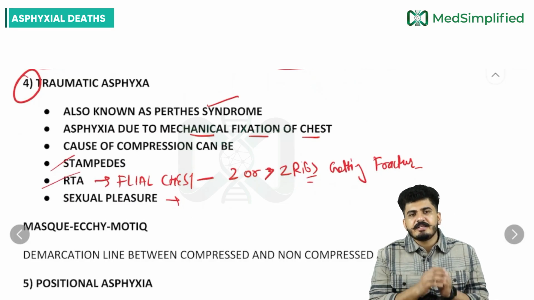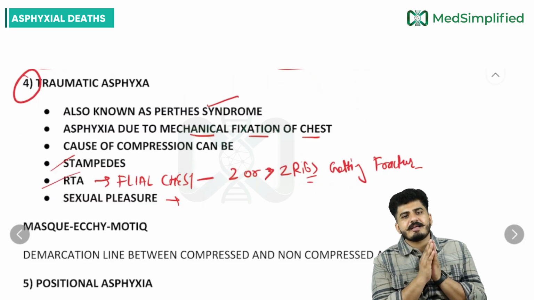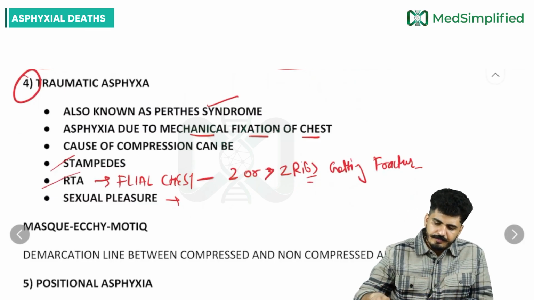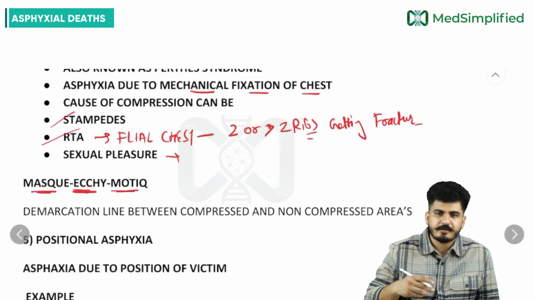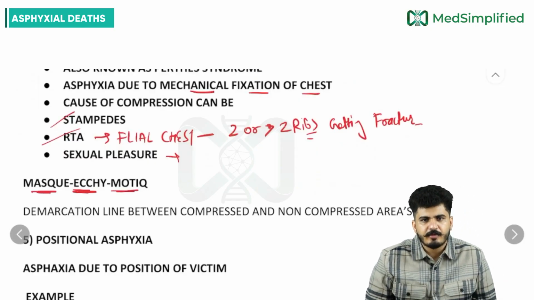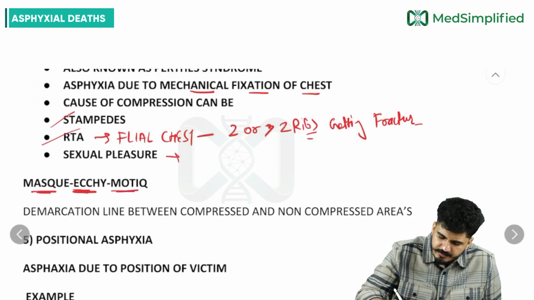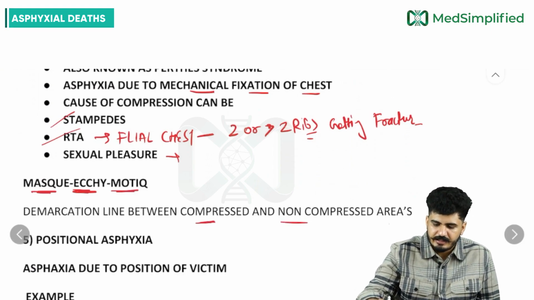So these are the conditions which are seen in traumatic asphyxia, my dear friends. One word is there, masseche-ecchymotic. What is this? A demarcation line between the compressed and the non-compressed areas.